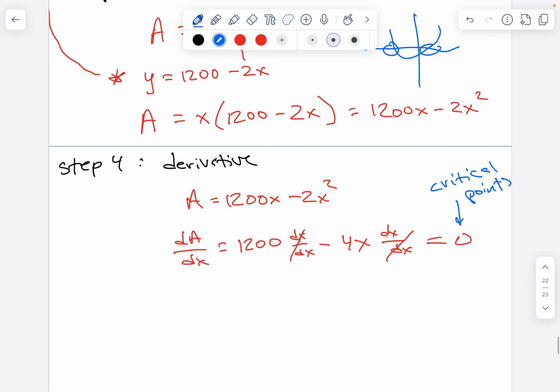In this case, it'll give us the maximum width or length. So once we set it equal to 0, let's solve for x. We have 4x is equal to 1,200. x is then equal to 300. So this is our width.